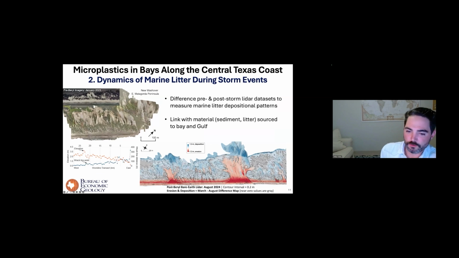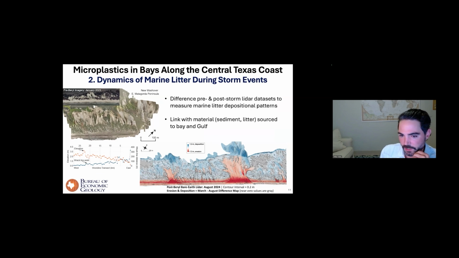So what we want to do now is use this pre and post-storm LiDAR data set where we can measure the freshly deposited plastic-rich deposits and link that with a systematic control of barrier topography and vegetation and illustrate and quantify where the plastic was deposited.